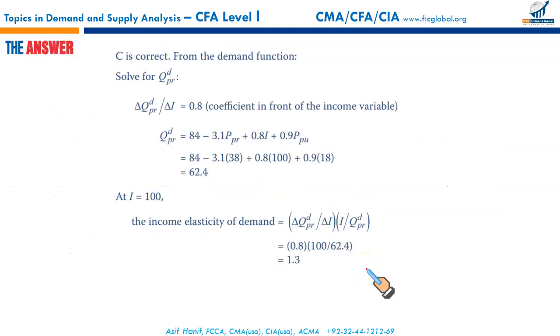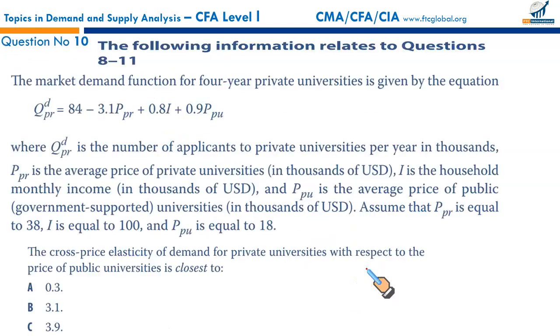Next question relating to the same information given. The cross price elasticity for private universities with respect to the price of public universities is closest to. So we need cross price elasticity of demand.